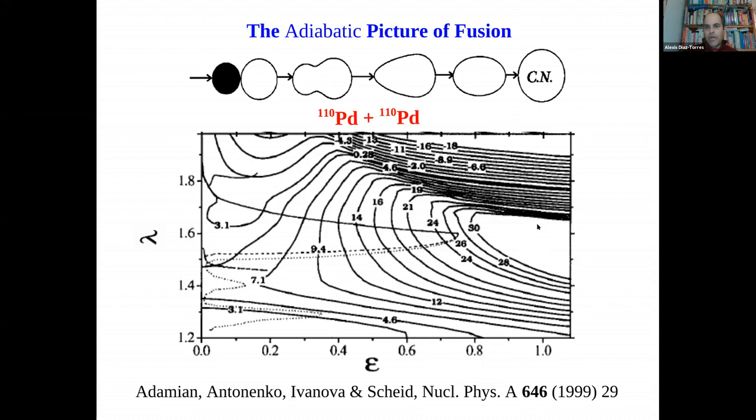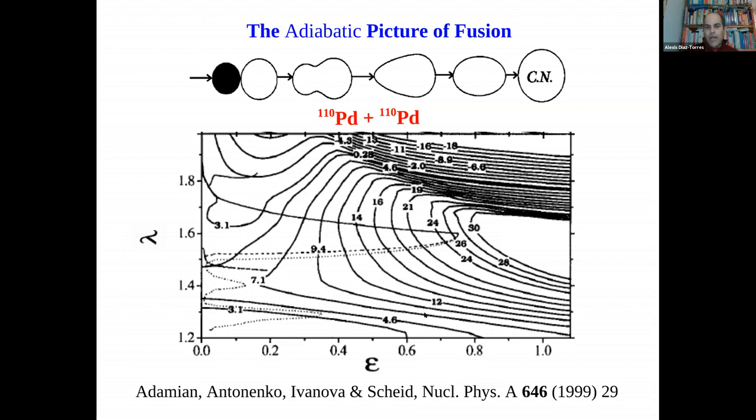This is a typical Coulomb barrier, and once the two nuclei start overlapping, then we are in this region of this contour map of energy. These energies are binding energies of the whole system, and you can see here trajectories. And these trajectories correspond to classical calculations of how these two touching nuclei move along this landscape.